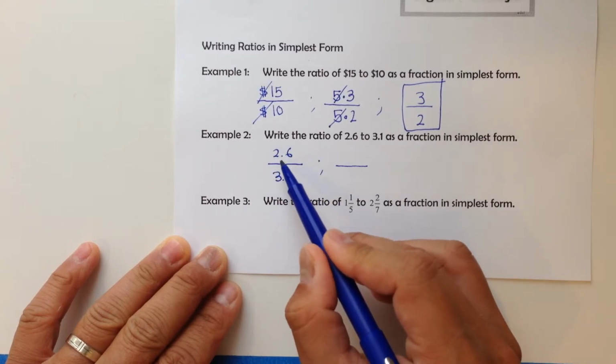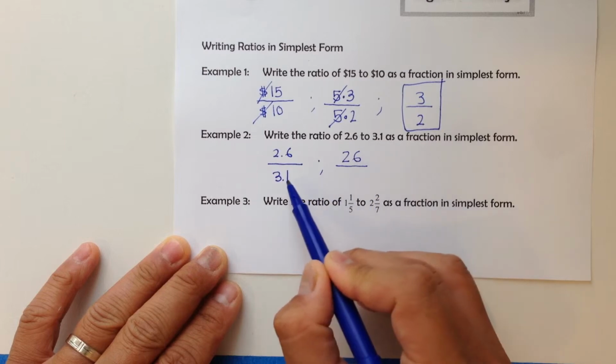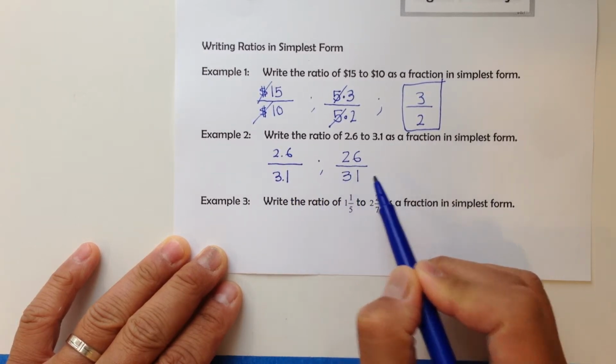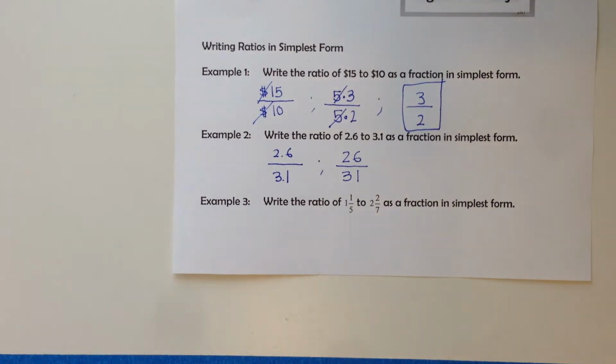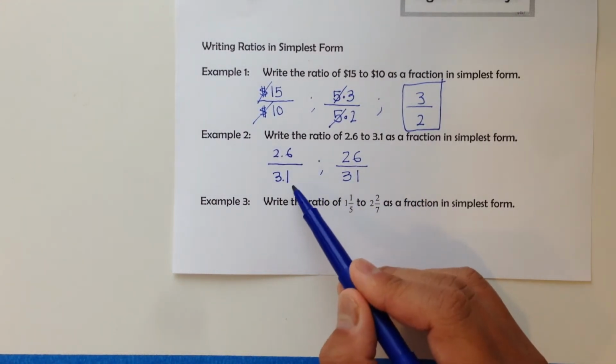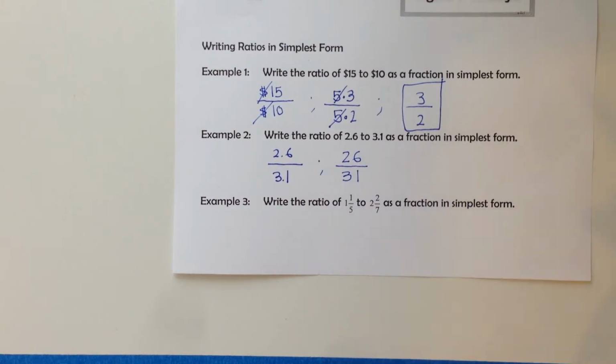So 2.6, shifting the decimal point, brings us to 26. 3.1, shifting the decimal point, brings us to 31. And we're done. Alright, so when given a fraction that involves decimals, we need to shift the decimal point so that they become whole numbers, and then if needed, we reduce, otherwise we're done.